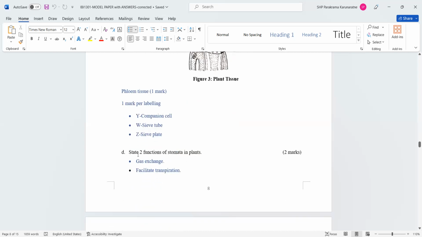Now the next question is: state two functions of stomata in plants. Stomata, I explained to you, are in plant leaves. Sometimes in the bark also in herbs, but in bigger plants you always get them in leaves, right? And the main functions of stomata: gas exchange, and it facilitates transpiration.